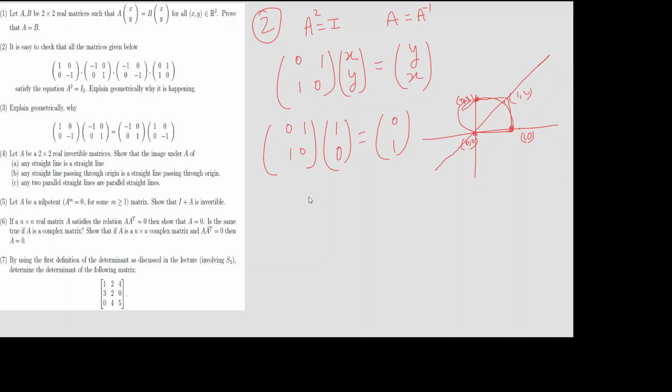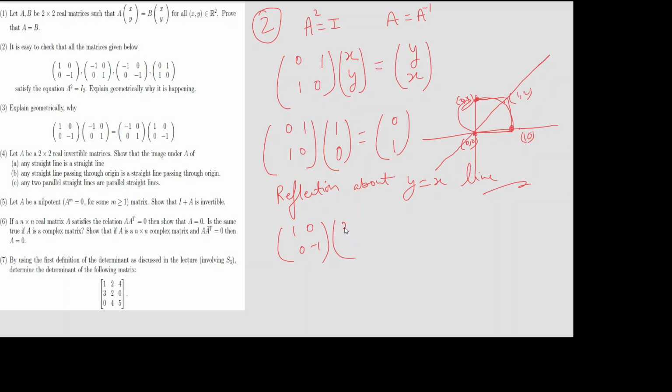Or let's say the other matrices. This is basically a reflection about the line y is equal to x, which is passing through the origin. And what about the matrix [1 0; 0 -1]?